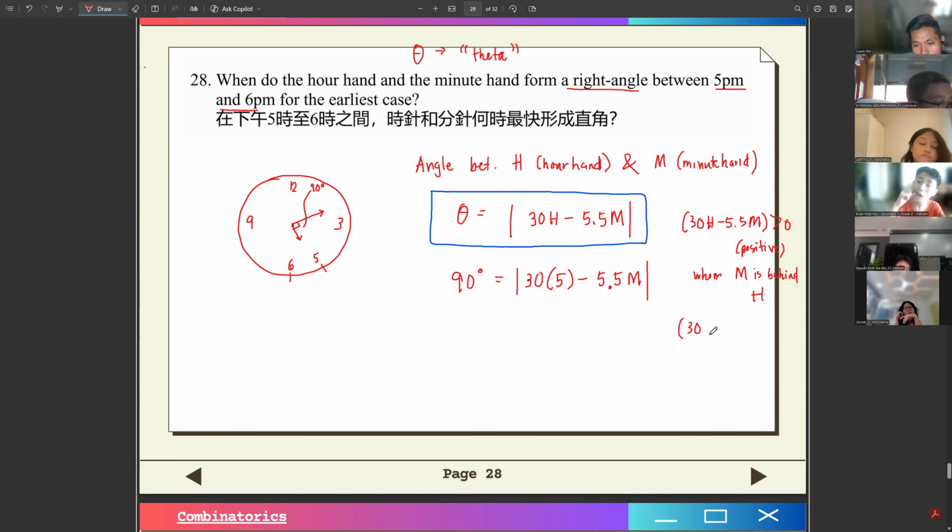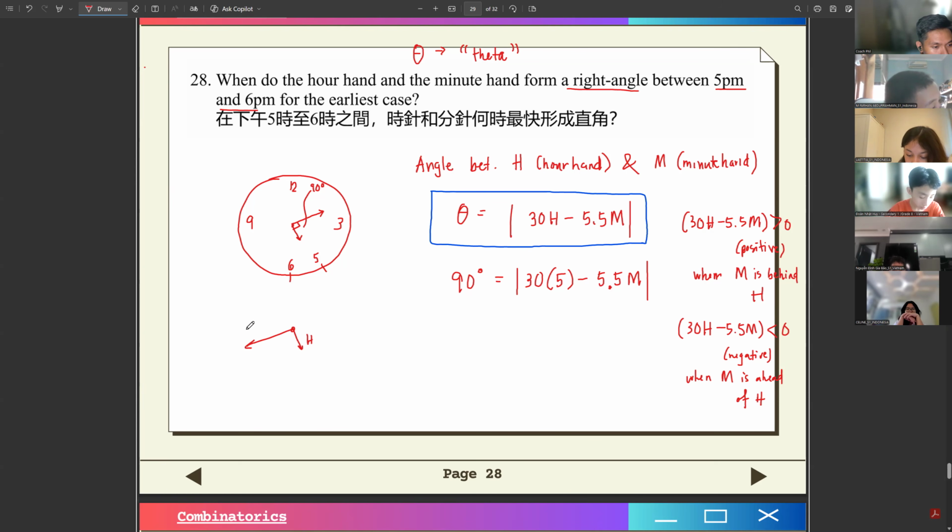Meanwhile, if this value is negative, this happens when the minute hand is ahead of the hour hand. Meaning, if this is your hour hand, and then your minute hand is already ahead of the hour hand.